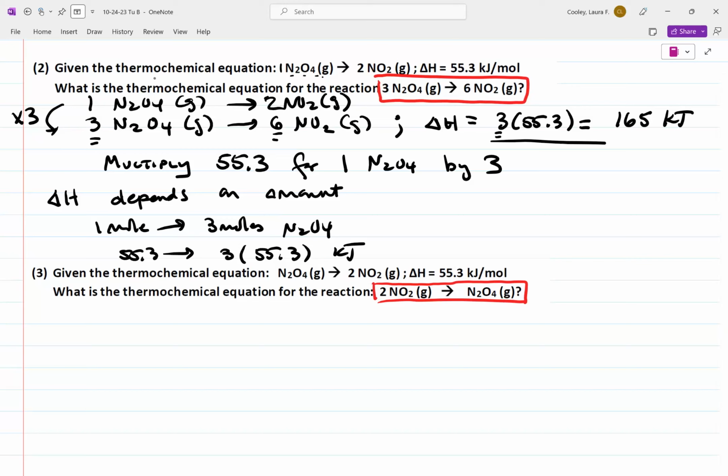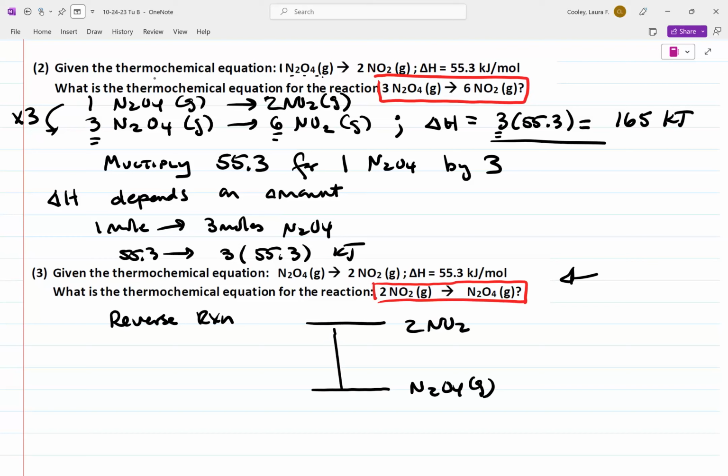What about this? What's going on here? How is the red boxed equation related to the first equation? It's the reverse reaction. Remember, we had N2O4 going to 2 NO2, and it was uphill, right?